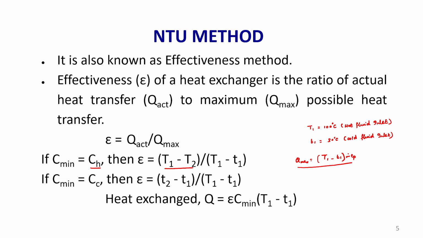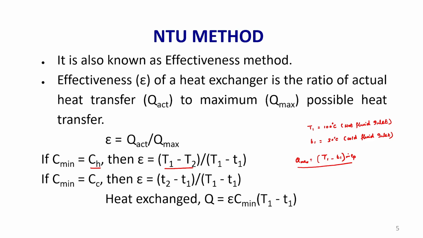So, this is the actual heat transfer: the hot fluid is being cooled from a temperature of T1 to a temperature of T2. In this example it could be from 100 to maybe more than 30, it cannot be less than or equal to 30. If capital T2 is equal to small t1, then the effectiveness of the heat exchanger will become 100 percent, as the numerator and denominator are equal and the ratio will be 1.